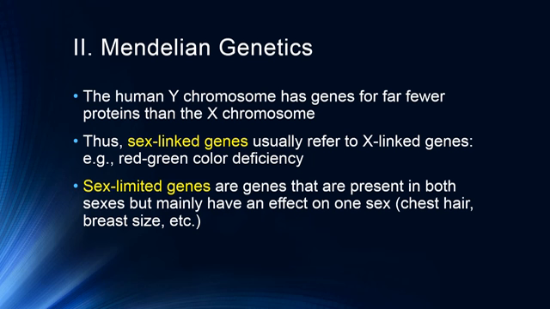Sex-limited genes are genes that are present in both sexes, but mainly have an effect on one sex, so something like chest hair, breast size, etc. So these are genes that only express in one sex or the other in general. They're limited to one sex or the other, whereas sex-linked genes are specifically linked to X-linked genetics.